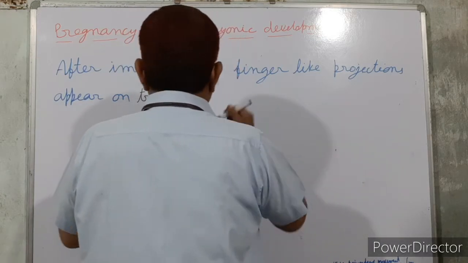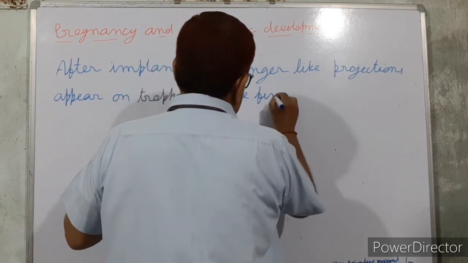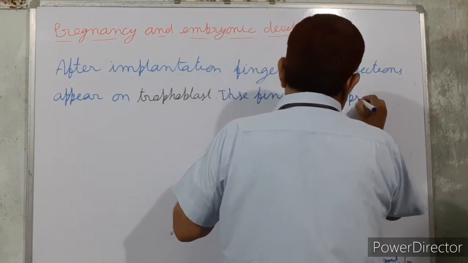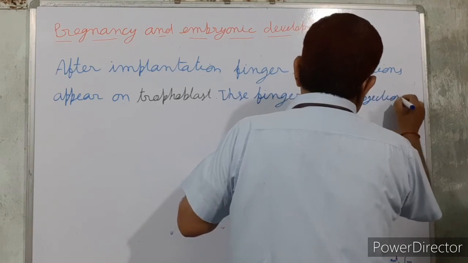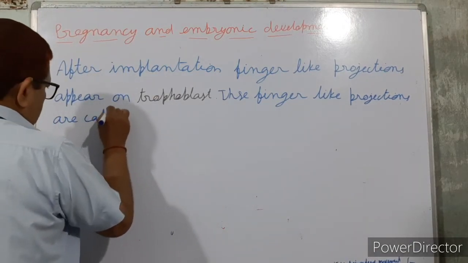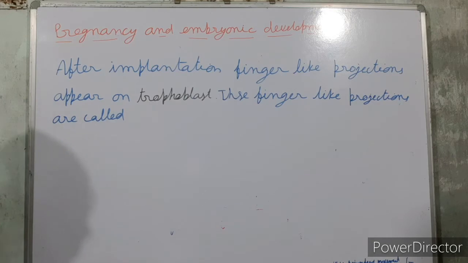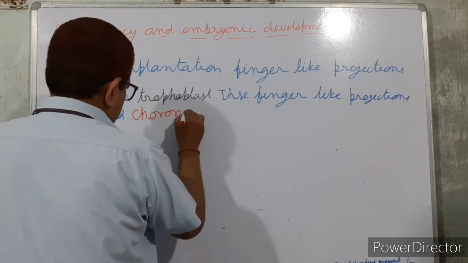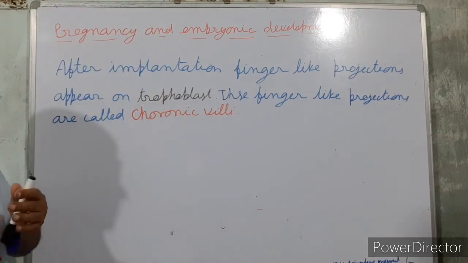These finger-like projections are called chorionic villi.